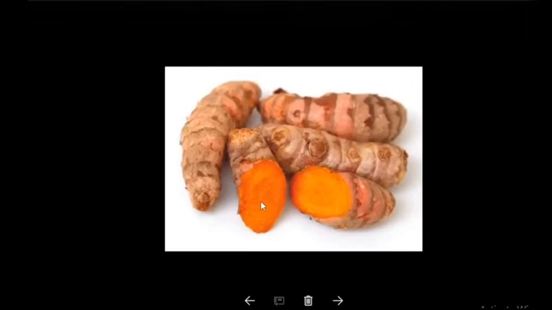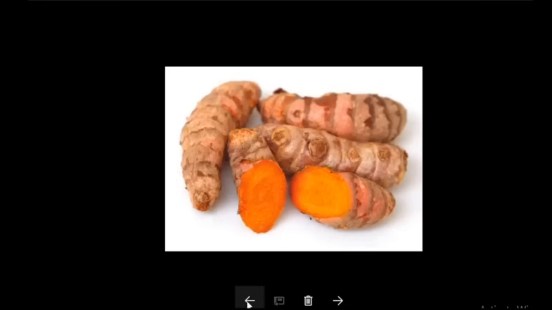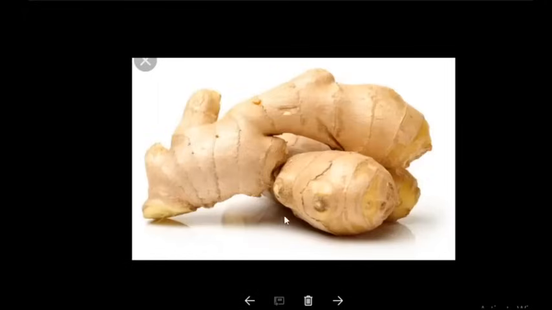Inside it is more of an orange to red color, and the back of it is reddish brown compared to that of ginger. This is what the turmeric plant looks like. So this is ginger here, and this is ginger here. So the full plant root, the rhizome, looks like this. So that is about the ginger.